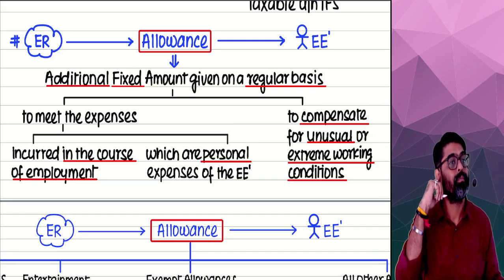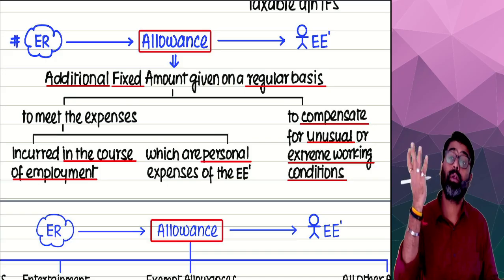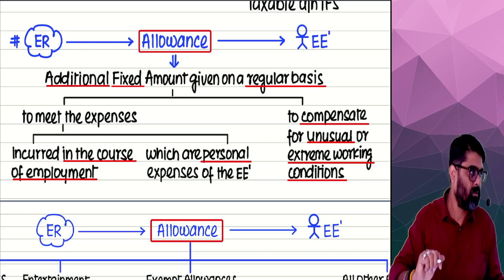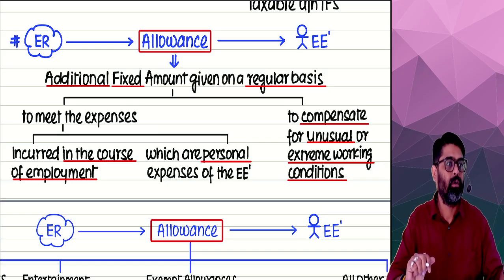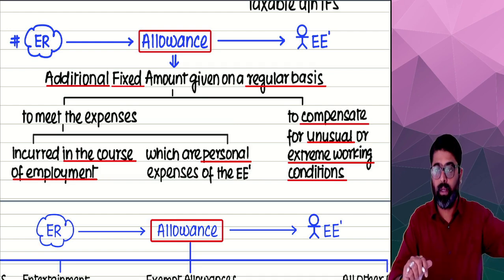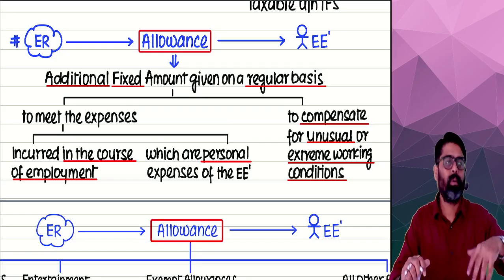For example, you have to do traveling for official purpose. You have to meet clients, you have to visit the distributors, you have to visit the dealers, you have to do it for the company's work, for the purpose of your employment.